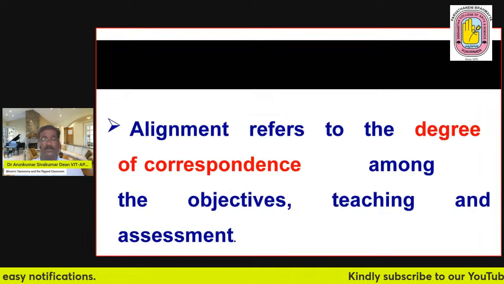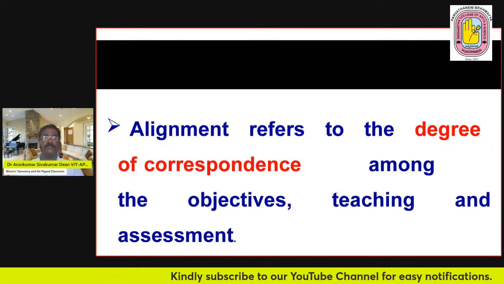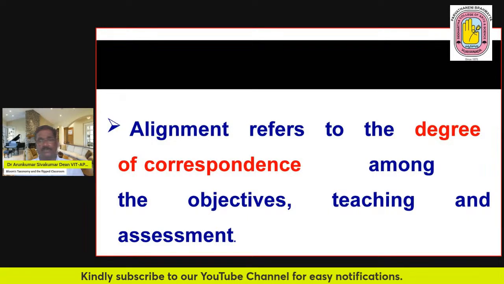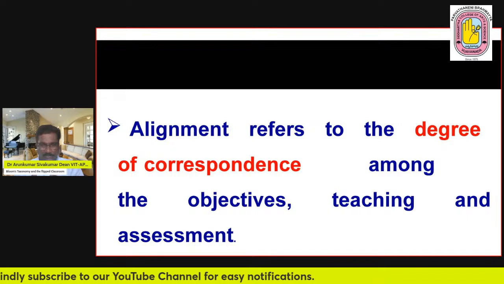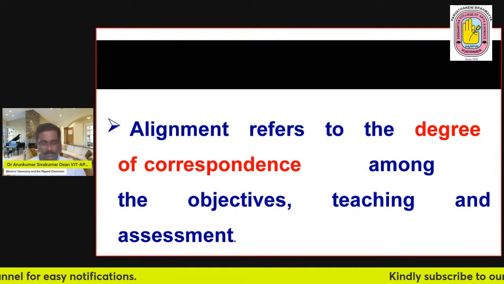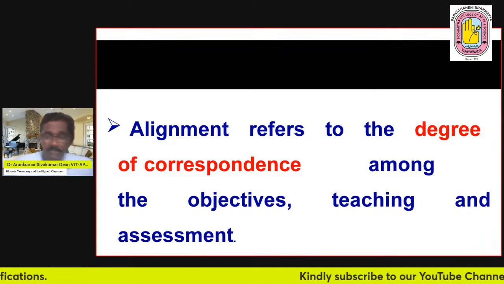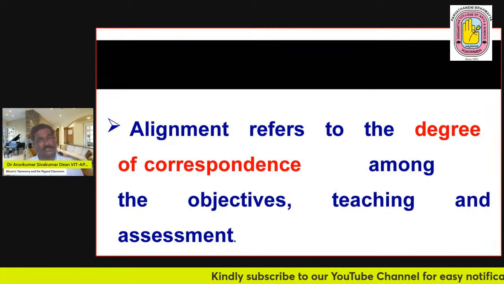Let's talk about it. So, friends, this is very important. Alignment refers to the degree of correspondence among the objectives, whatever we learn. I think in every subject guide, we have an objective, we have teaching, and we have an assessment also, right?